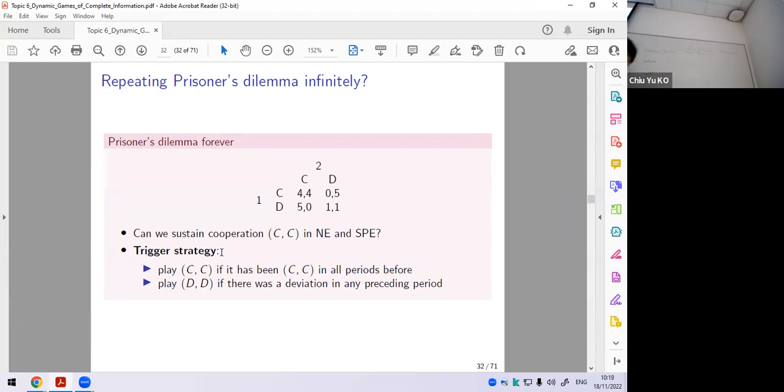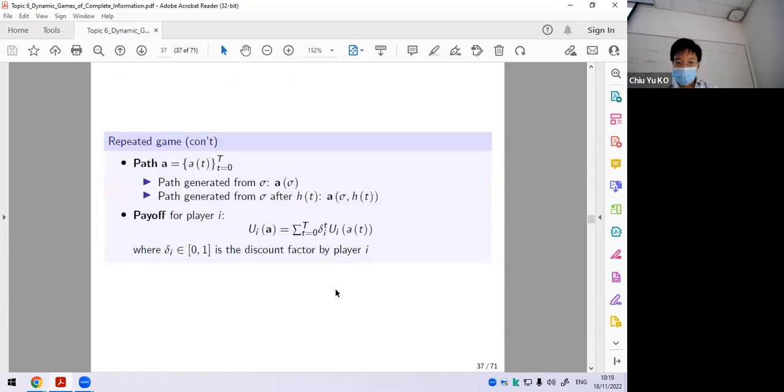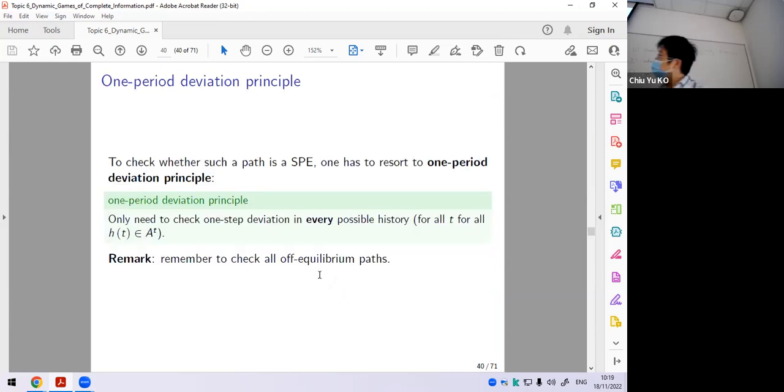And this one-period deviation principle actually applies, I think, to all the games that arise in your applications. Maybe I should have put down the technical restrictions, but unless you're doing some crazy game, it usually does.